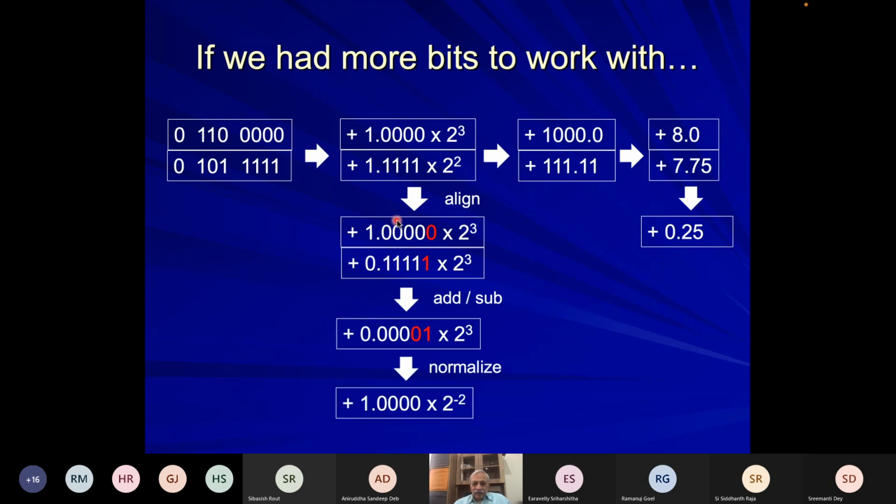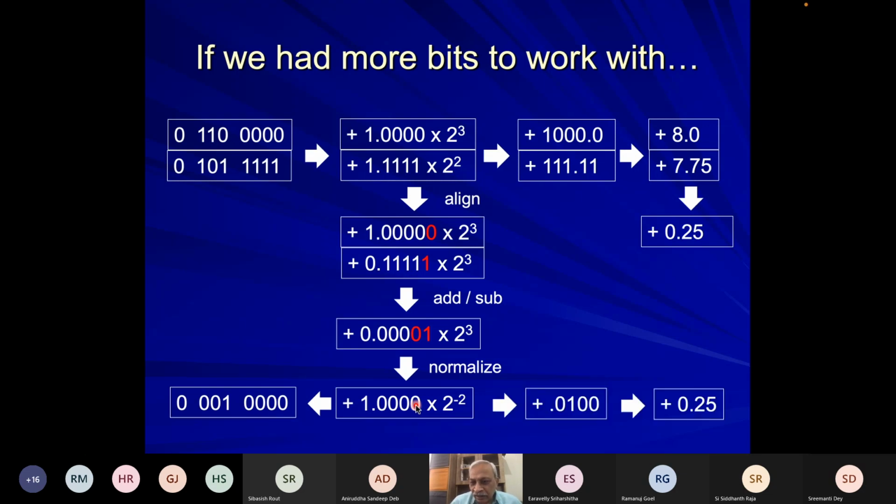So if we do that, we continue all the way up to normalization, and then we retain the required number of bits, we'll get the correct answer. I'll leave it to you to verify this. So the conclusion is that although you may have 32 bits or 64 bits for representation, internally in the arithmetic circuit, if you use more bits, then you can retain accuracy.